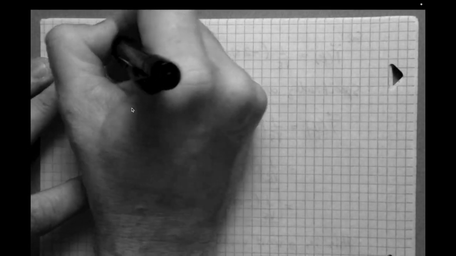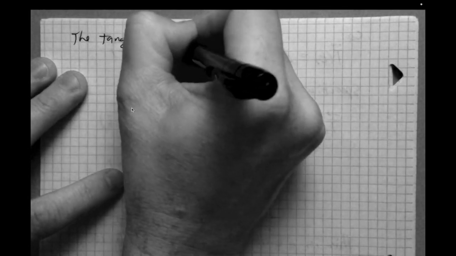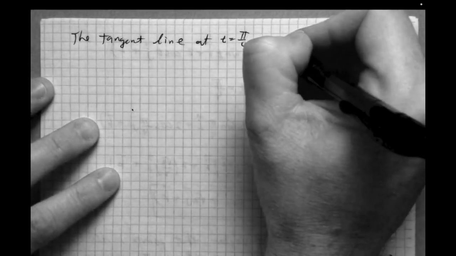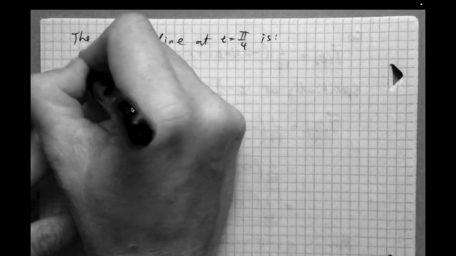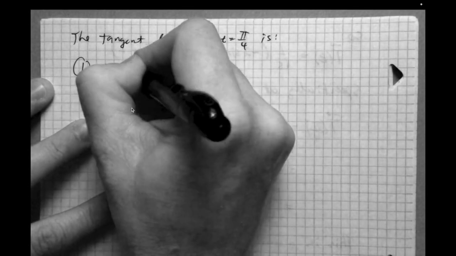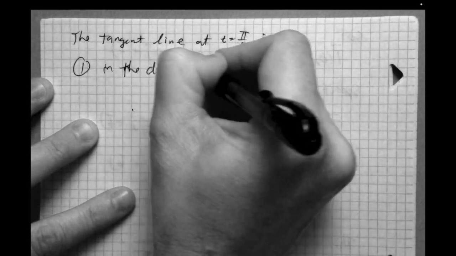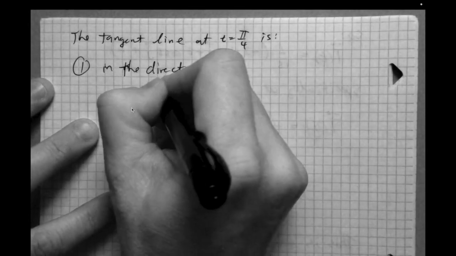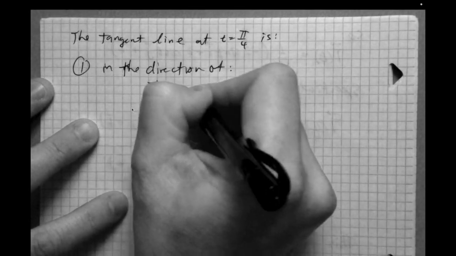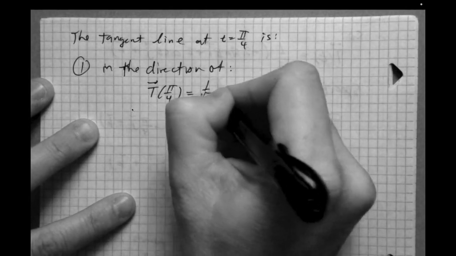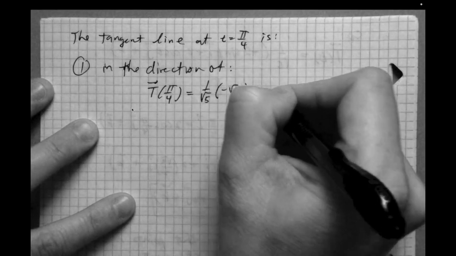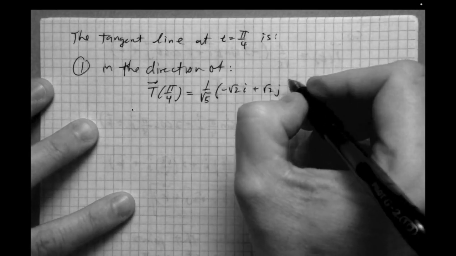So the tangent line at t equals pi over 4 is, one, in the direction of this guy. And we wrote this out, so it's 1 over the square root of 5, and then it's negative square root of 2 i plus square root of 2 j plus k.